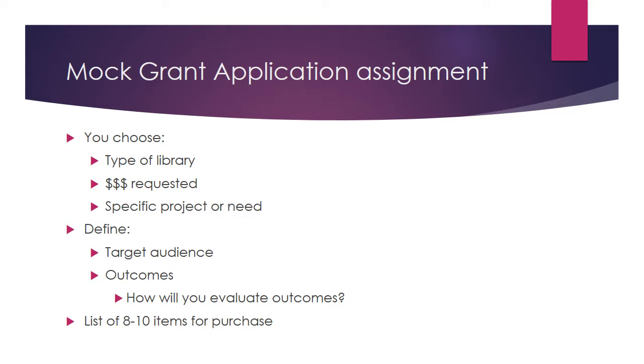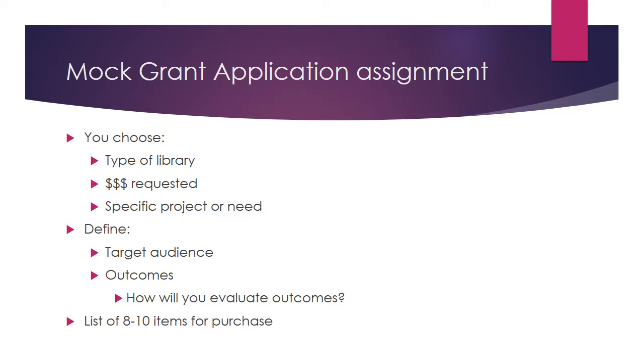So for instance, my first outcome for our example or sample on the actual application is develop a library collection responsive to the needs of English language learners and international students at the university. So that's the outcome. That's what I'm going to achieve.